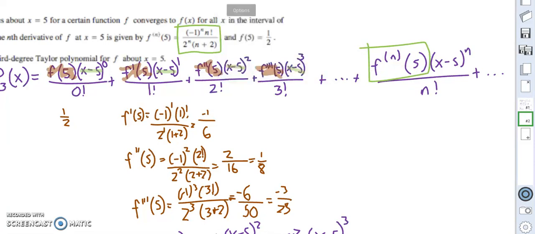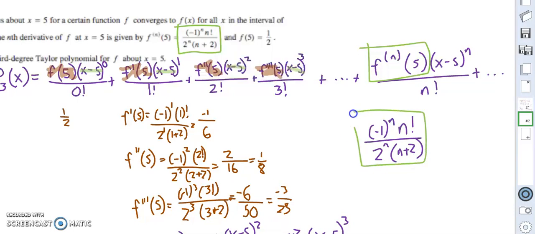So my general term here is going to be negative 1 to the n factorial over 2 to the n plus 2.